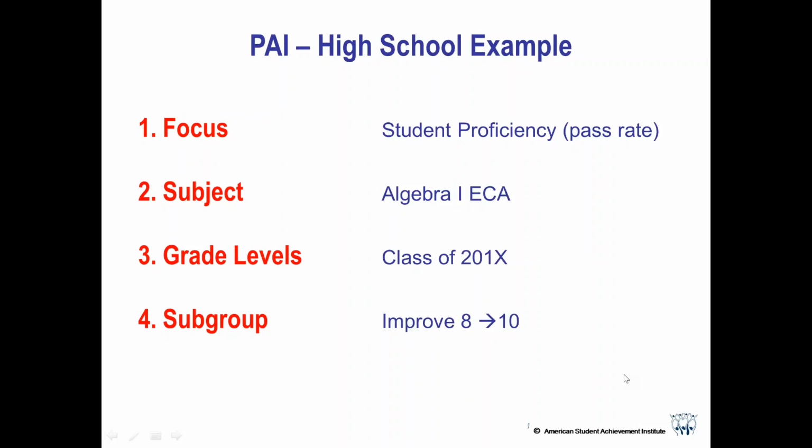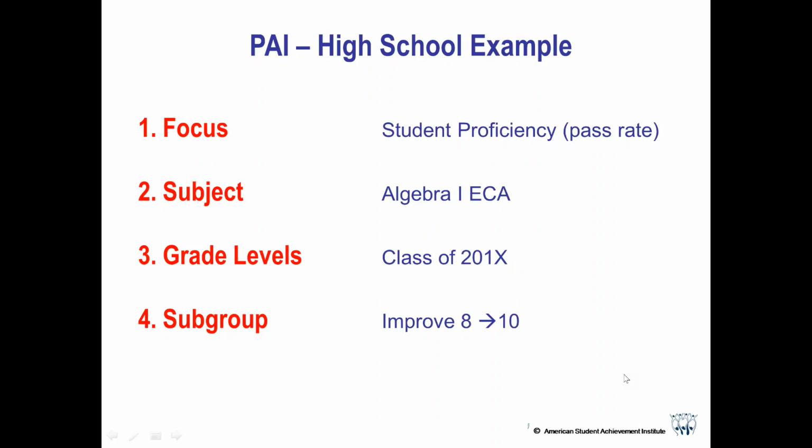Okay, here's a PAI that's a high school example. This might be, again, let's say proficiency rate. And then I'm saying, okay, where's my issues? Well, more specifically, it's Algebra 1 ECA. This time, instead of saying that I'm working with 9th graders or 11th graders, I'm going to say the class of maybe 2018.